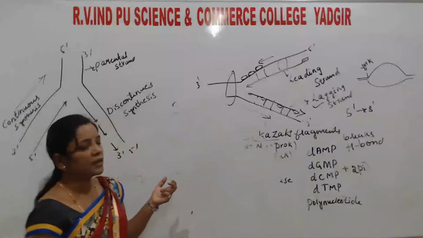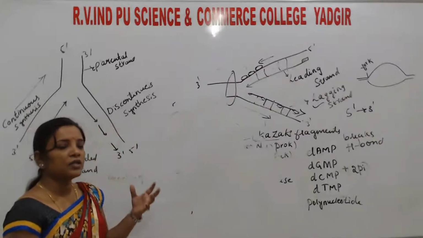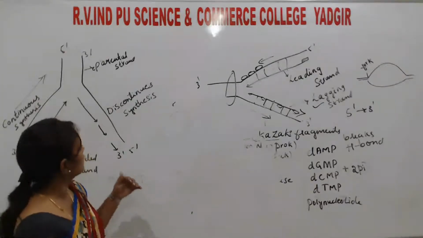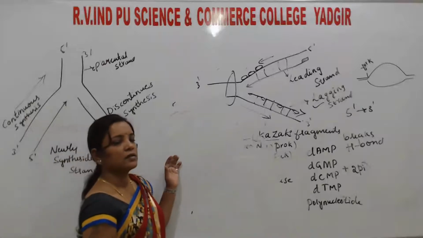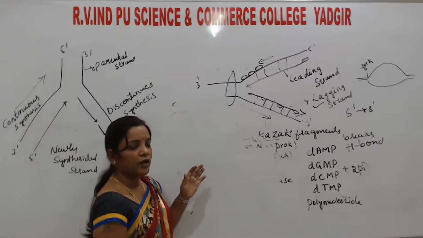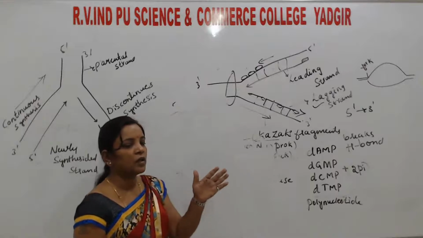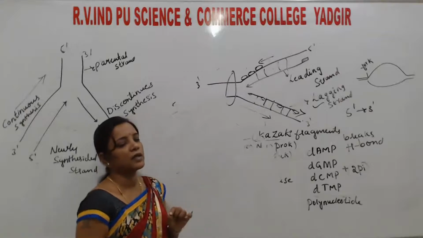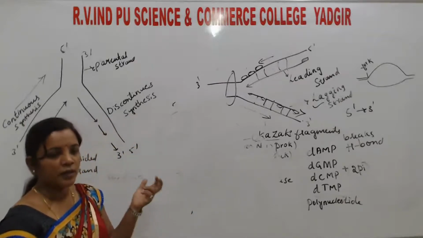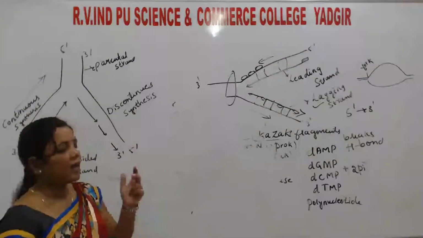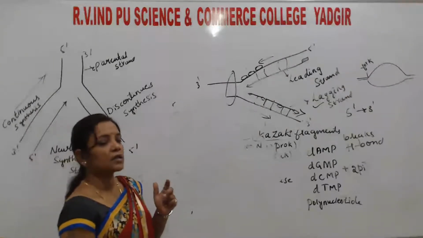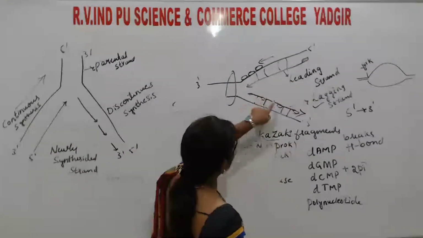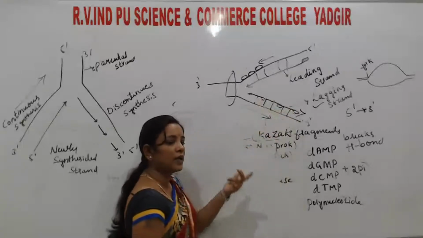As we said, initiation takes place at the origin, and it proceeds on both sides, hence it is bidirectional, semi-conservative and semi-discontinuous, because one strand is formed continuously and the other is formed in the form of fragments later.